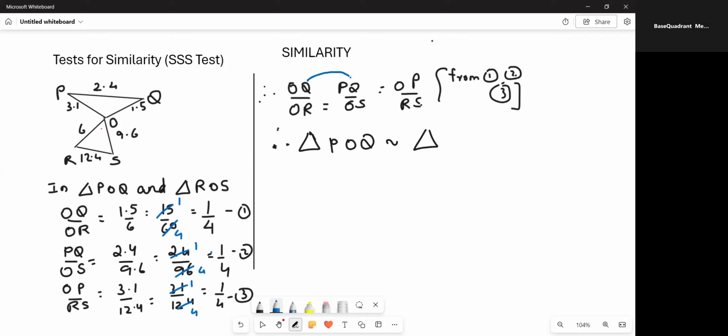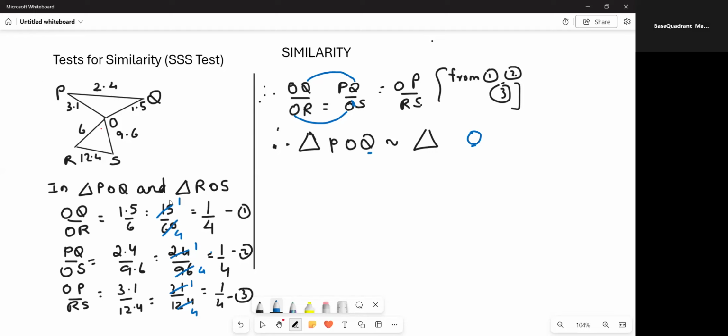The common letter is Q, and compare the two denominators, the common letter is O. Q is common and O is common, which means Q of the first triangle corresponds with O of the second triangle. So Q comes third in the first triangle. That means O comes third in the second triangle.